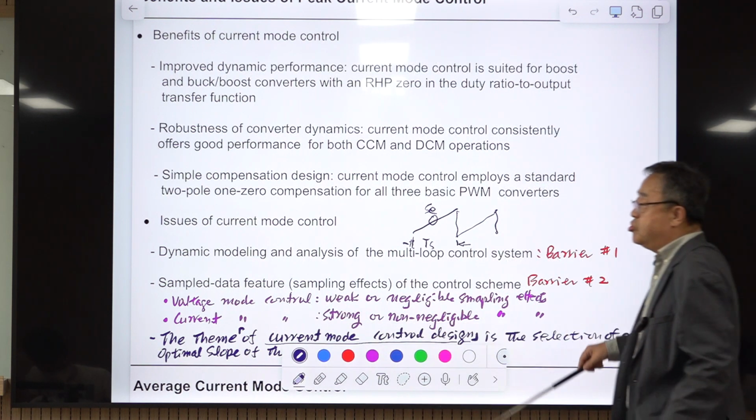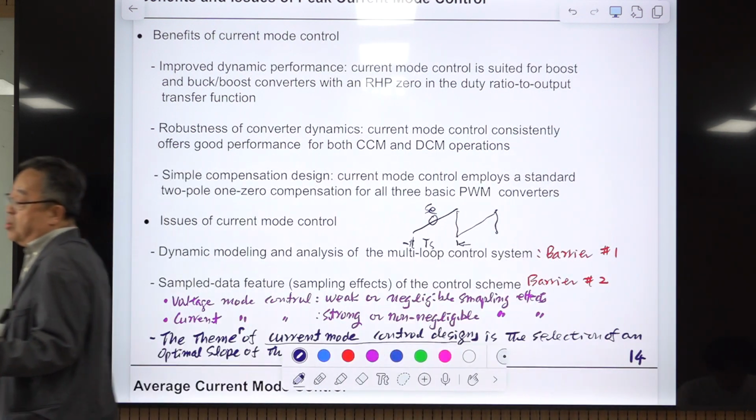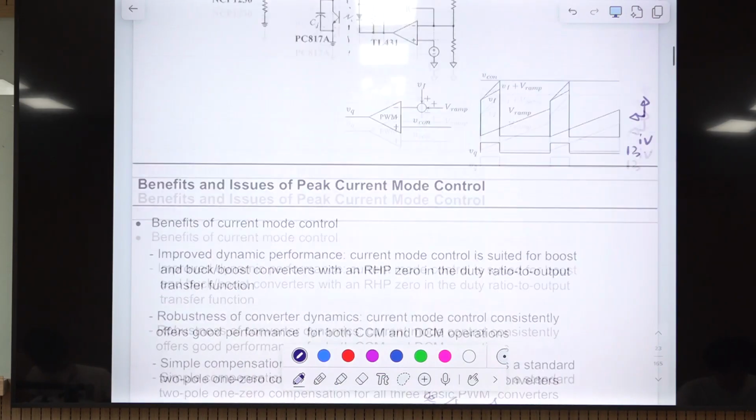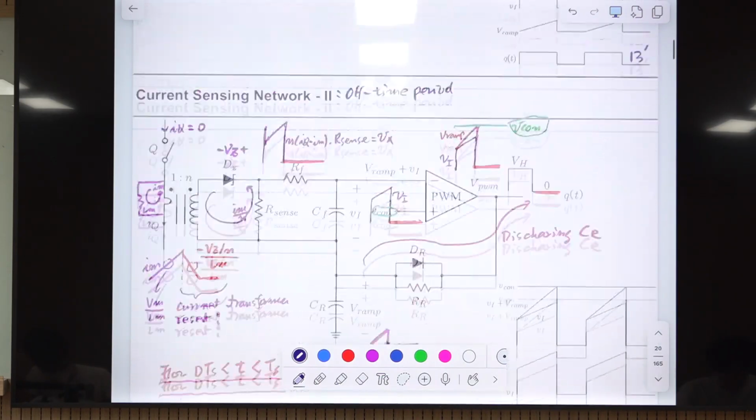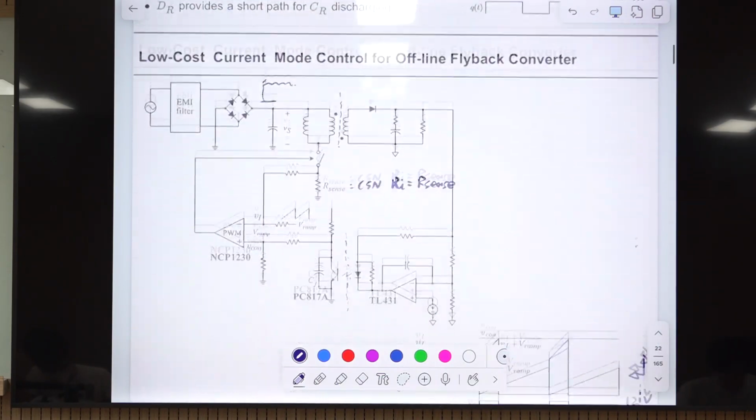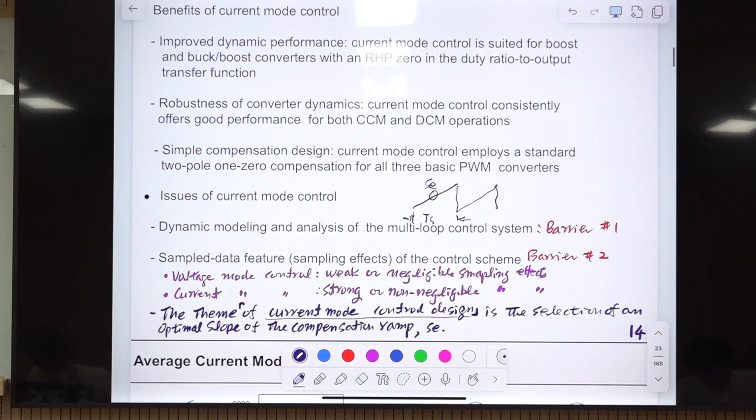But in current mode control, we are using the feedback signal from the inductor current. The control waveform is something like this for current mode control. You have this PWM comparator here, and the control voltage is entering here. We have an external ramp, V ramp, the compensation ramp.